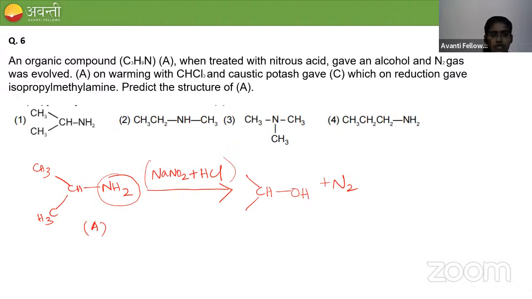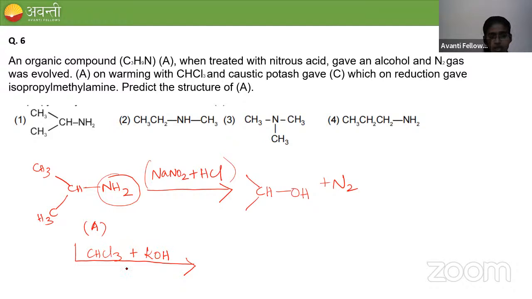And the same compound A on warming with CHCl3, chloroform, and caustic potash. Caustic potash means potassium hydroxide. When compound A reacts with chloroform and caustic potash, it gives compound C. So what is the reaction basically here?